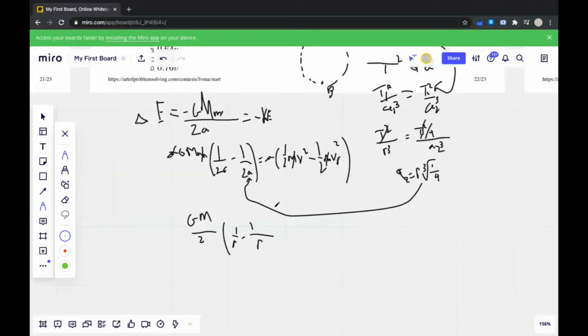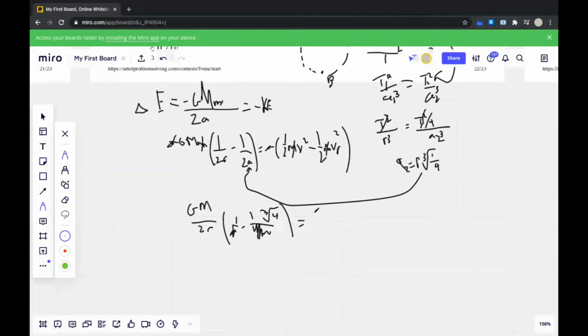We can just move that to the numerator, so times the cube root of 4. Then we can bring the r to the outside, so we're just left with 1 minus the cube root of 4.